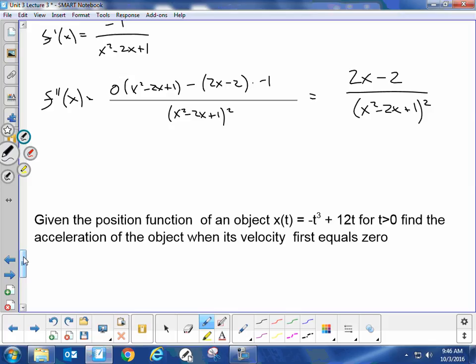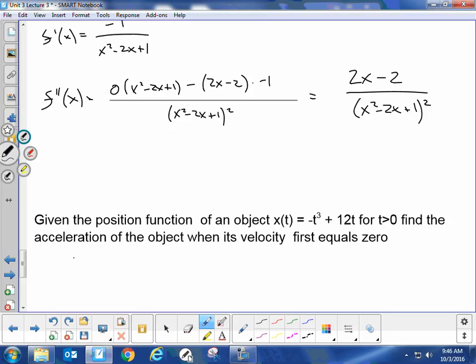Great problem showing off using second derivatives. Why is this problem using second derivatives? Can anybody answer that? Yes, because the derivative of velocity is acceleration, and the derivative of position is velocity, so the second derivative of position ends up giving you acceleration.